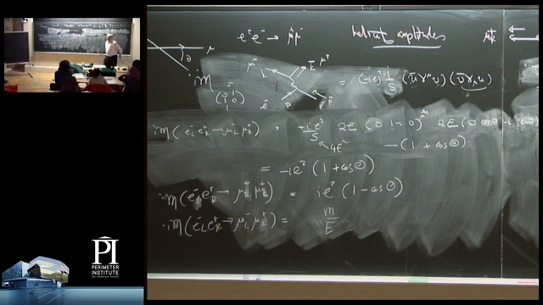Okay. Any of you guys familiar with d functions in angular momentum? d^J_{m m'} of theta. Anybody know what that is? So if you take a rotation matrix in spin J and you peel off the factors of e to the i phi, it's this.